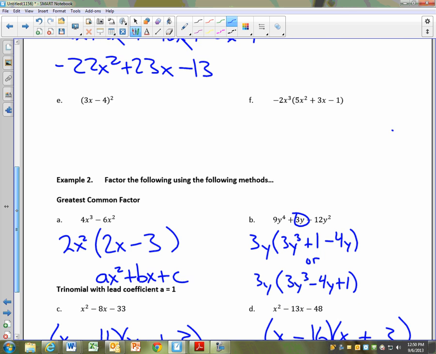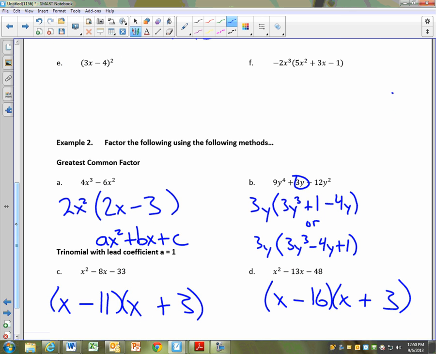So, E, what if I have, we'll get to D in a second. What about E, 3x minus 4 quantity squared? I could just rewrite this as 9x squared plus 16, right? Why? The definition of squaring something, very good, is that you multiply it by itself, so therefore I must multiply it by itself.